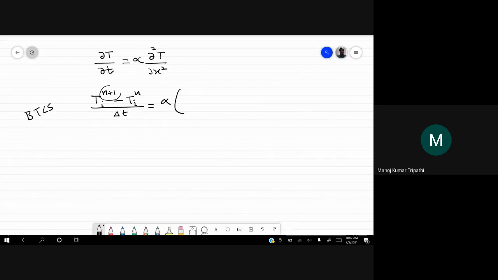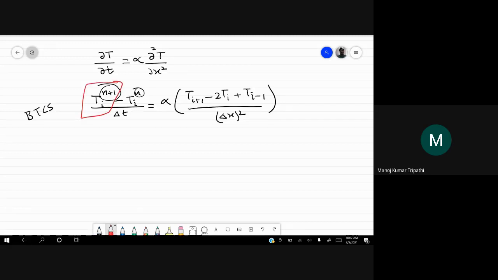So this is n plus 1, which is a later time step, minus the previous time step temperature. So this is backward in time, and then alpha times Ti plus 1 minus 2Ti plus Ti minus 1 by delta x square. And then the right hand side, if we take it at the nth time step, then you can see that you can write Tn plus 1 on the left hand side and all the terms at the nth time step on the right hand side.